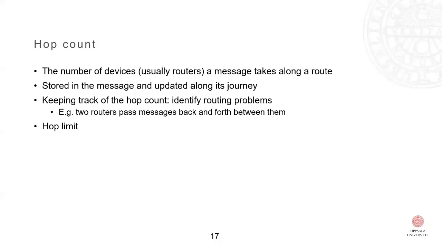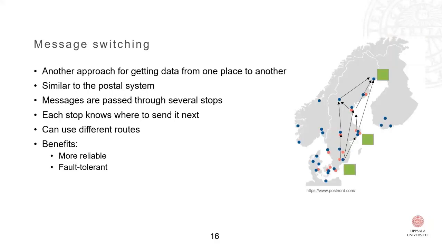And the number of stops or hops a message is going through is stored in the message and is updated each time it reaches a new stop. This number is actually very important because if we keep track of it, we can identify if there are problems. For example, maybe in our routing in the previous picture, we happen to have a loop. For example, the message is forwarded here, then it is forwarded here, and then it is sent back here, and it goes on and on in this loop.